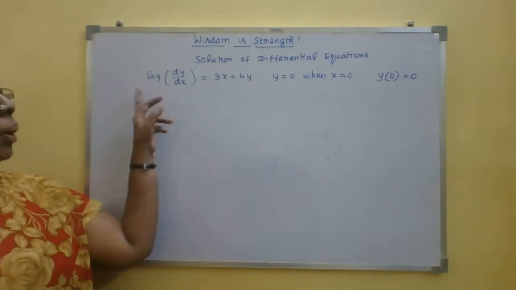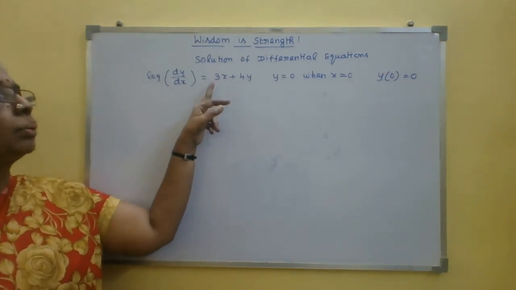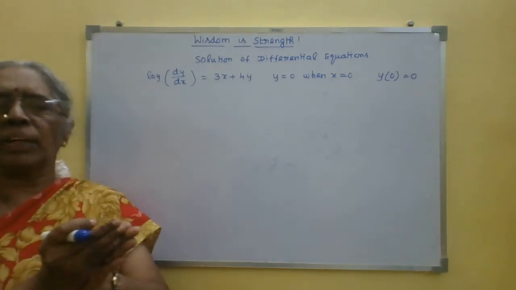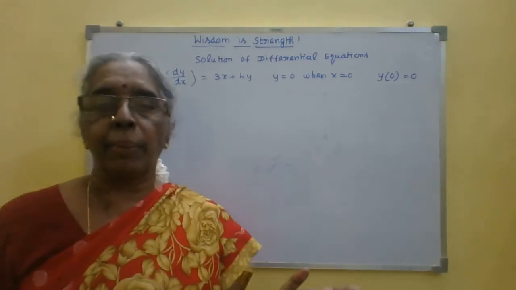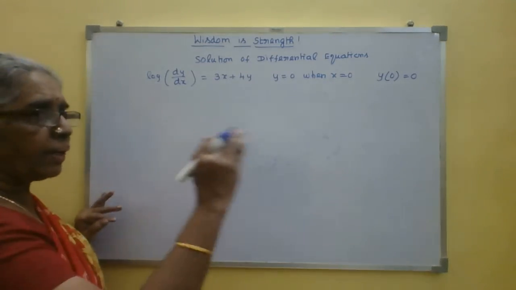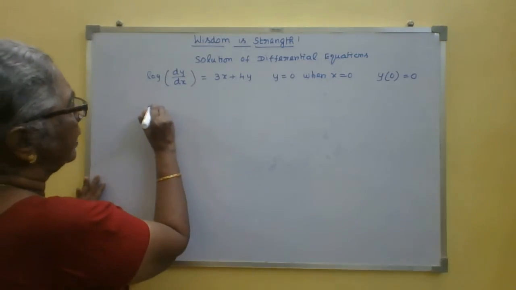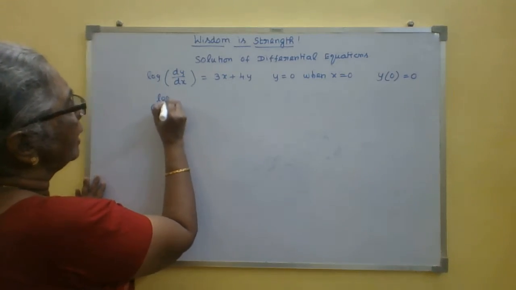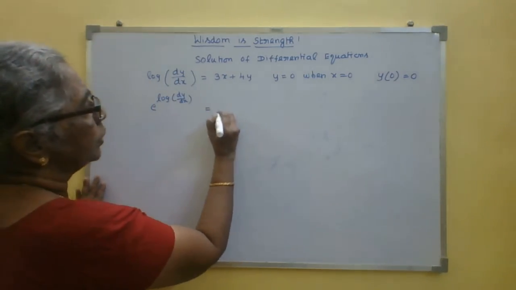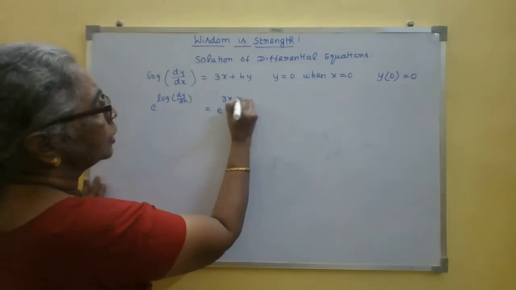So now, log of dy by dx is equal to 3x plus 4y. If I keep log of the derivative, I won't be able to separate. I won't be able to proceed further. So I am going to raise both sides to the power of e. So I will be getting e power log of dy by dx, that is equal to e power 3x plus 4y.